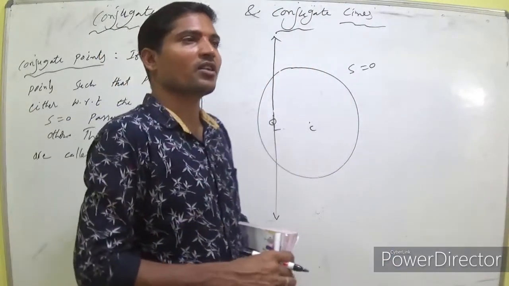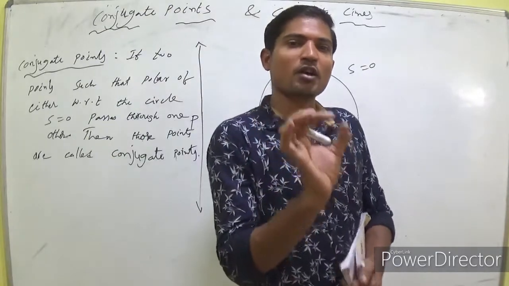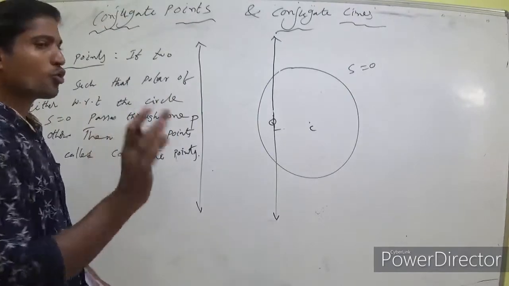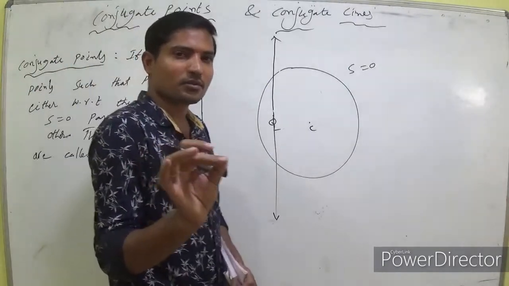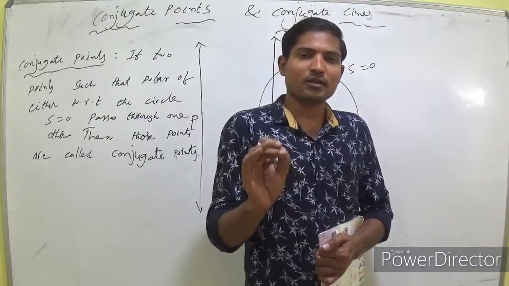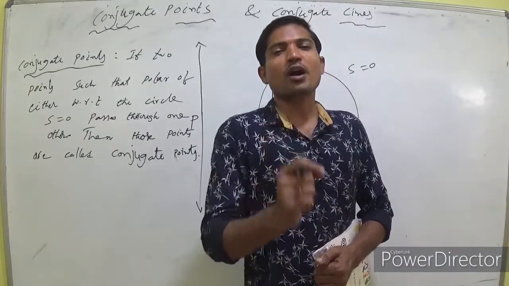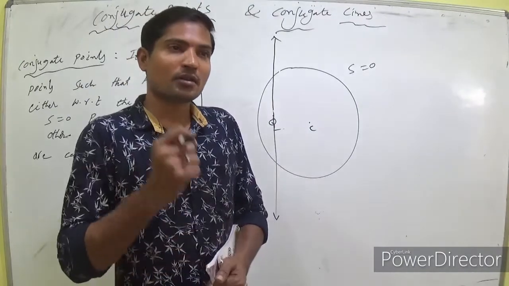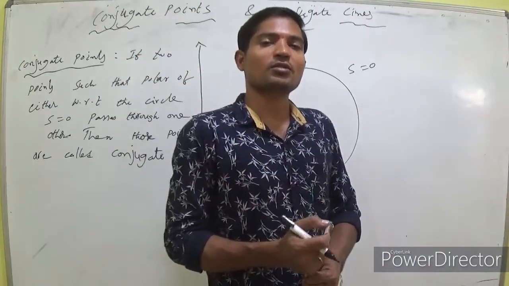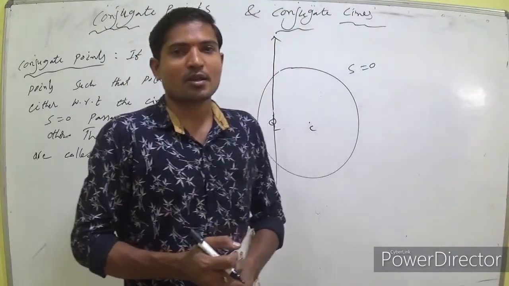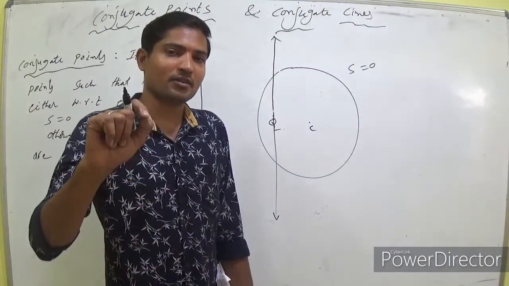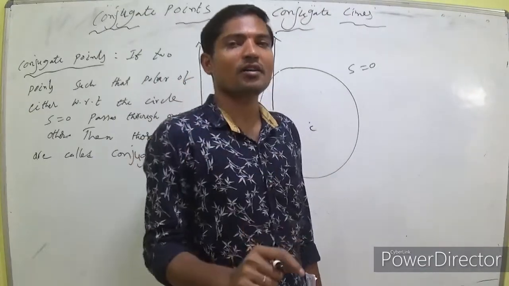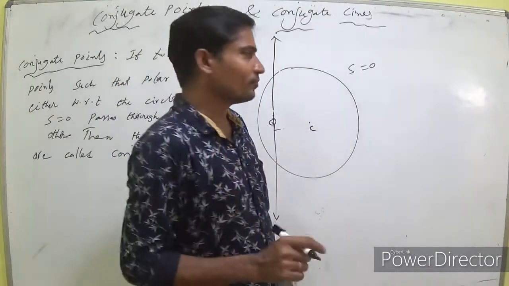Try to find the difference between conjugate points and conjugate lines. In points, the polar of one passes through the other. If 2 lines are given, then the pole of one lies on the other.